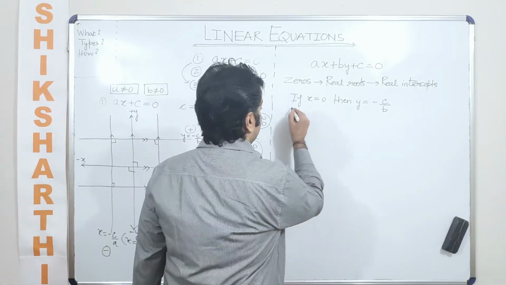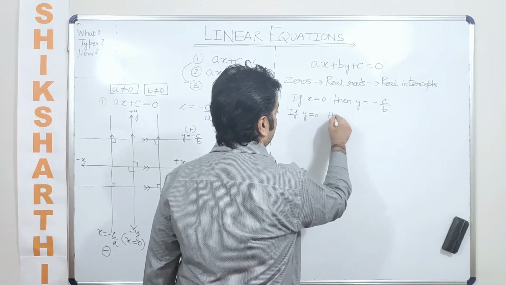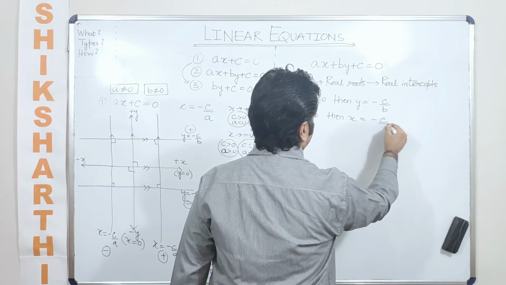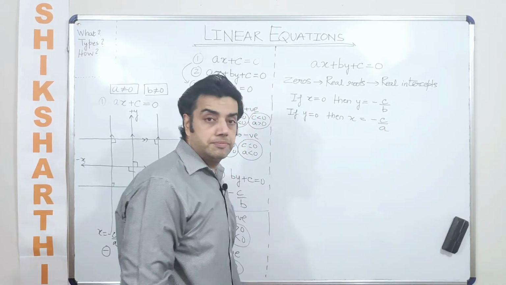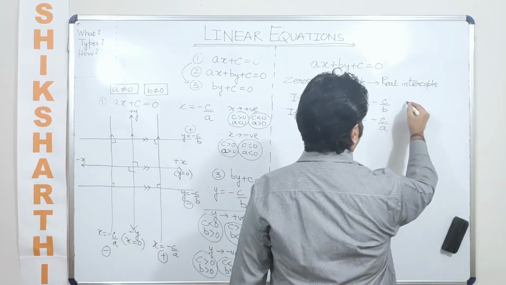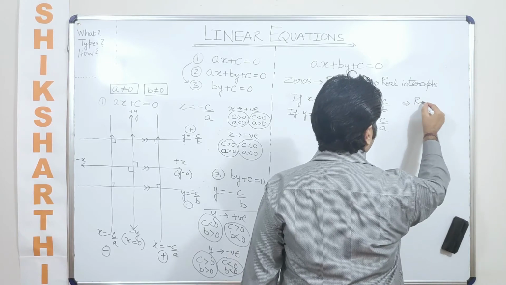right? At the same time, if I say if y is equal to 0, then I get the value of x as how much? Minus c by a. Correct? Now when I am putting x is equal to 0, I am getting the y-intercept. This is nothing but the real y-intercept.